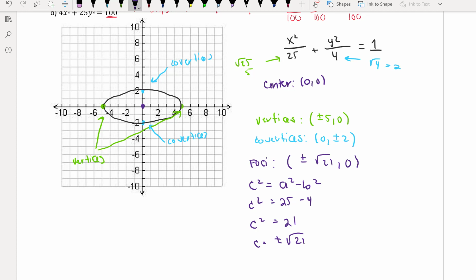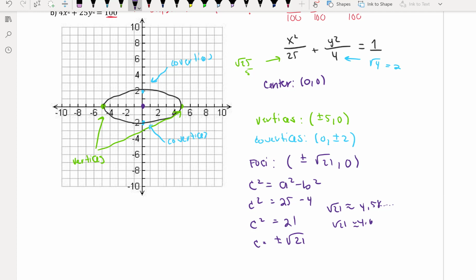And the square root of 21, let's just get an estimation. If I plug that into my calculator, the decimal approximation is approximately 4.58. So let's just say it's about 4.6, the square root of 21.